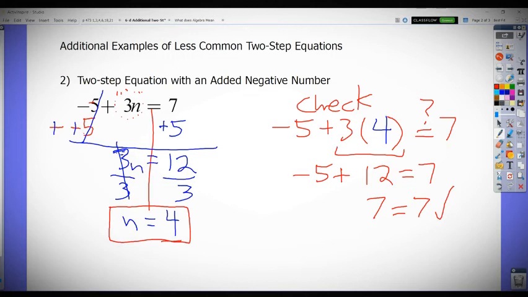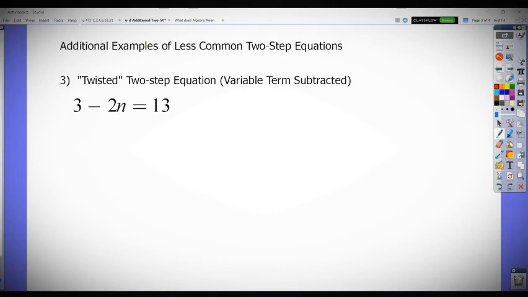All right, one more type of example. I call this one the twisted equation because it's tempting when you see this because there's a subtraction here. It is tempting to want to add 3 to get the variable term by itself.